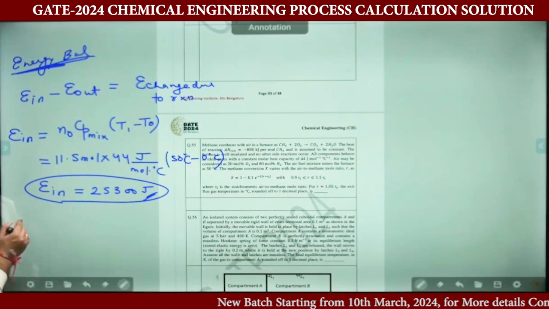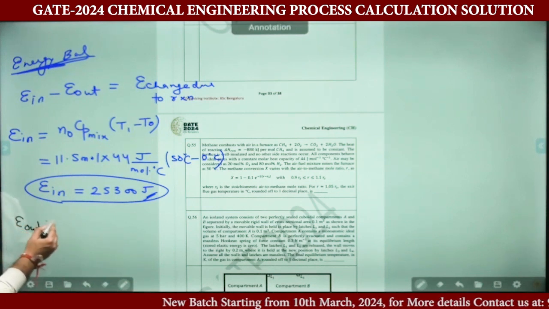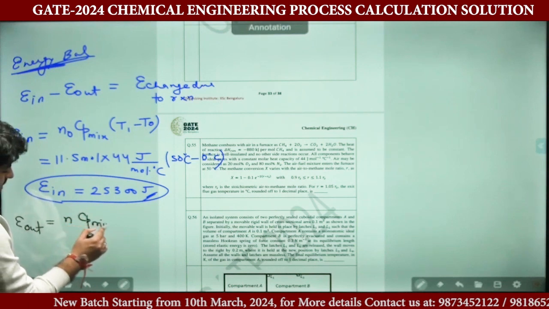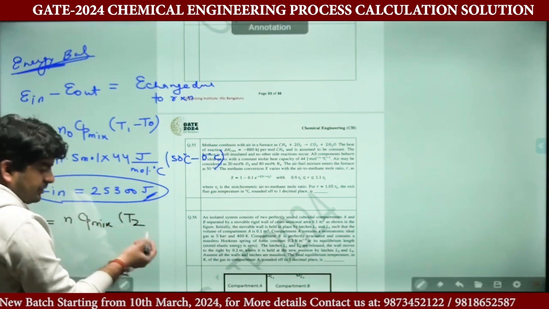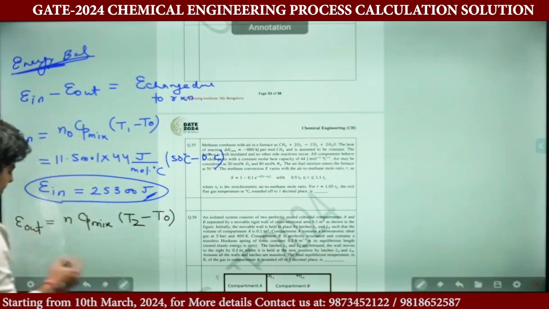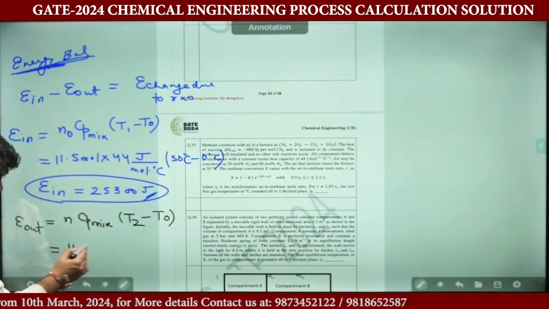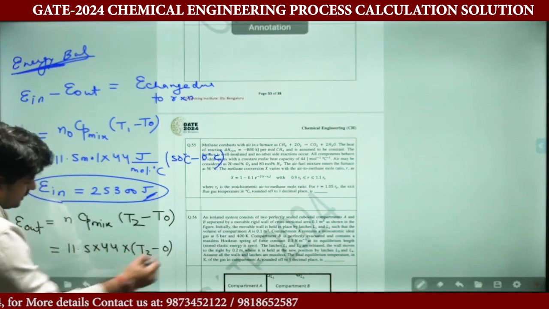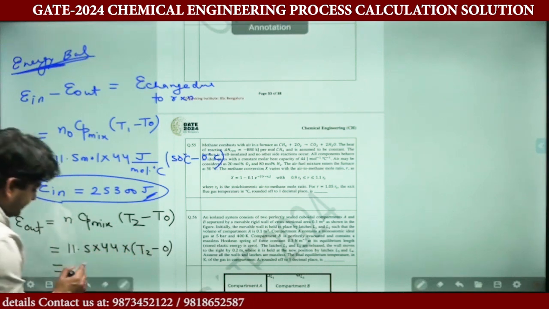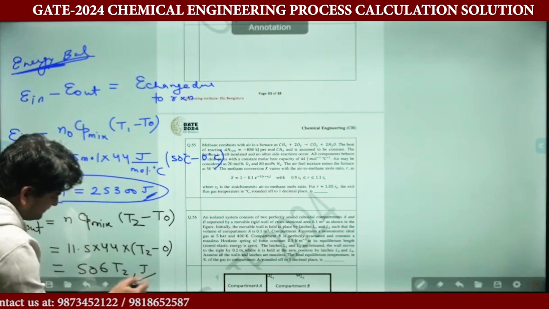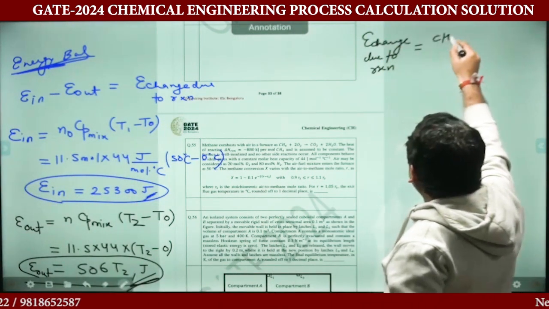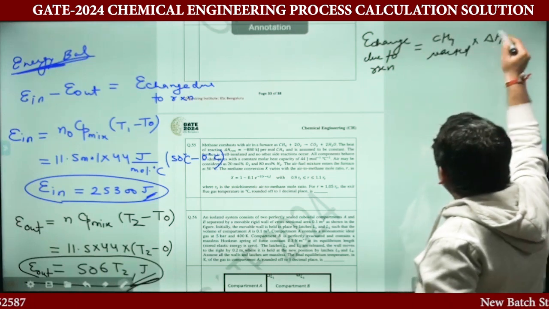Similarly, you can do it for energy out. The total moles leaving and Cp of mixture, then final temperature, let's say T2 minus reference temperature T0. So here when you put the value 11.5 into 44 into T2 minus 0, you will get 506 times T2 joule. And energy change due to reaction will be moles of CH4 reacted into delta H. Why?